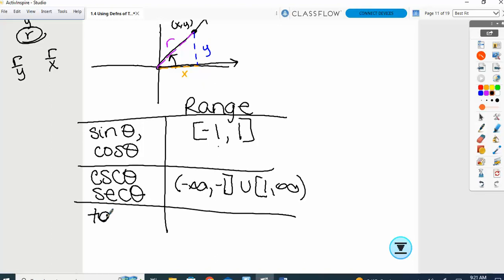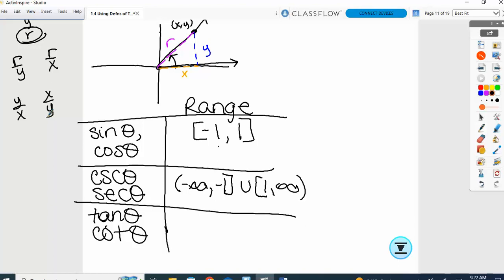Last one, tangent and cotangent. All right, these come from y over x or x over y. And we've already said, x might be bigger or y might be bigger. So is there anything that can't happen?